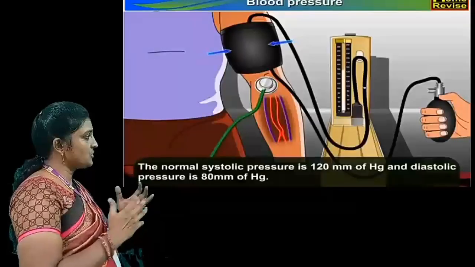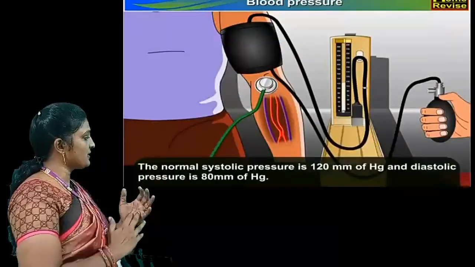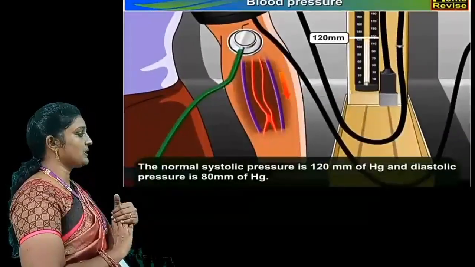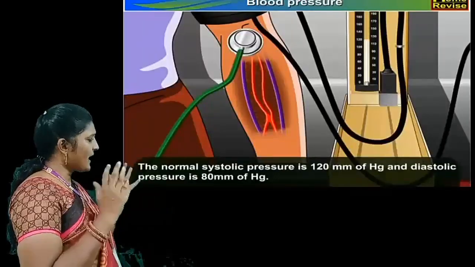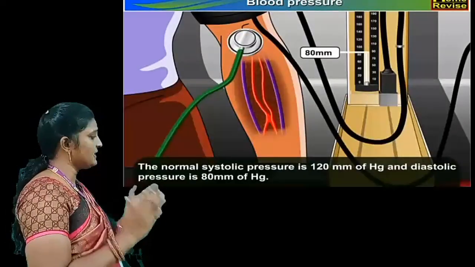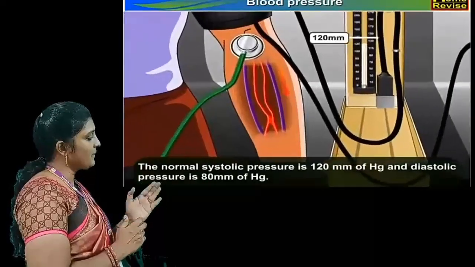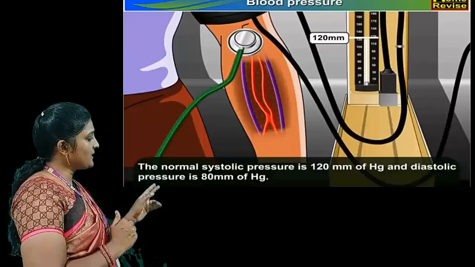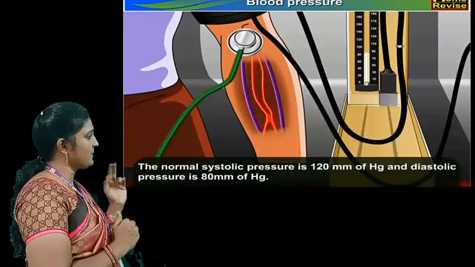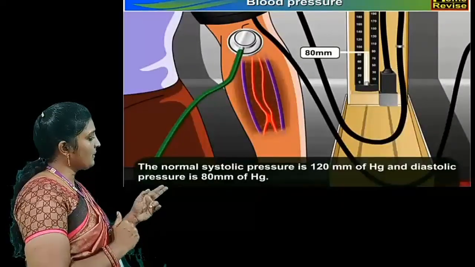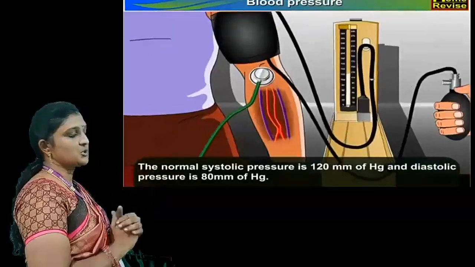When you measure the ratio of systolic pressure and diastolic pressure using the sphygmomanometer, the average blood pressure of a healthy adult is 120 per 80 mm of Hg. The 120 indicates the systolic pressure and the 80 mm of Hg indicates the diastolic pressure.